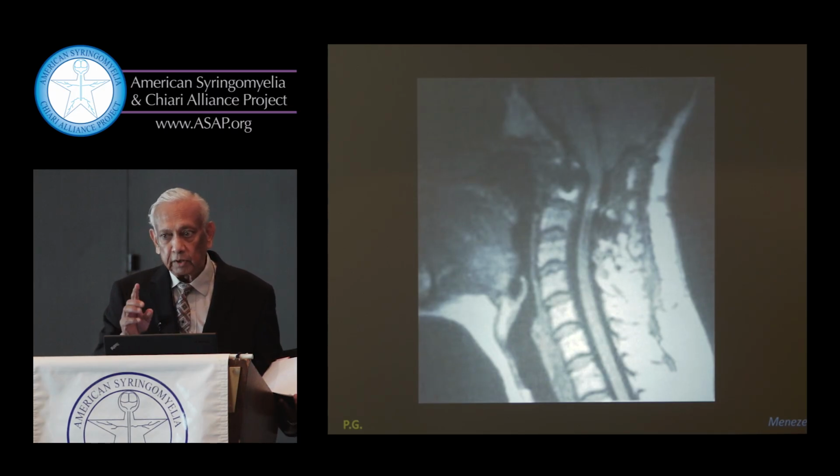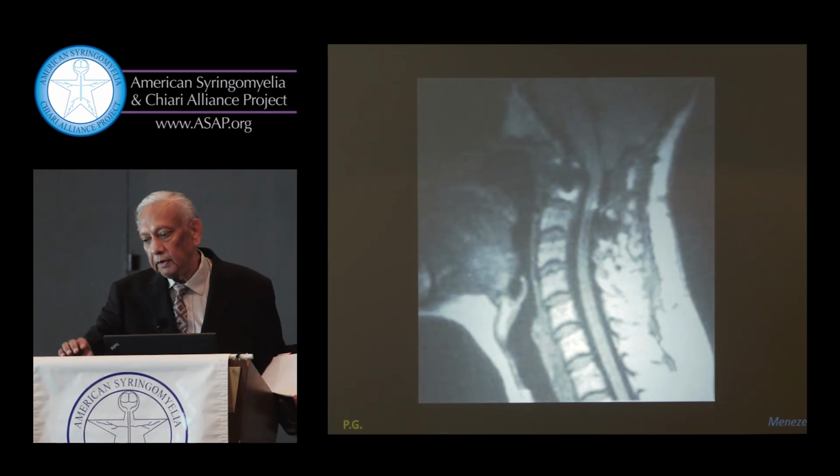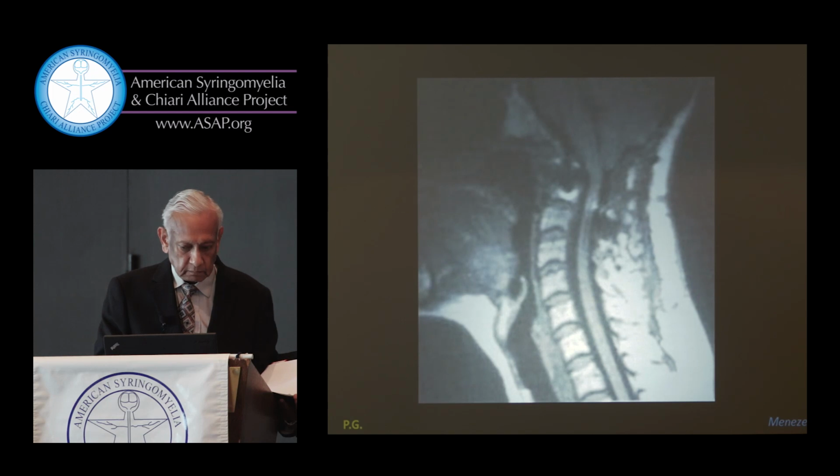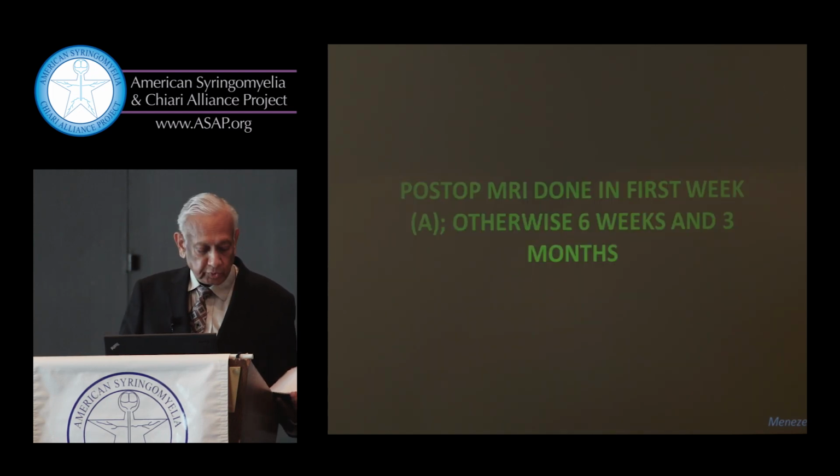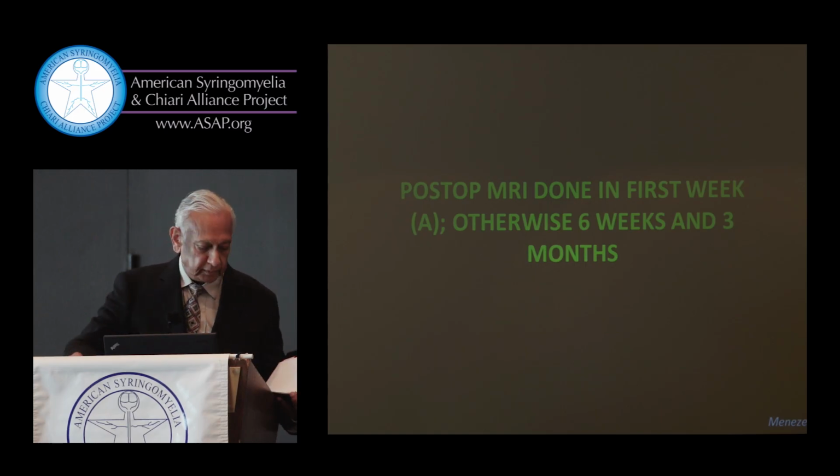So, therefore, it means that a front operation alone can take care of the syrinx. If anybody challenges it and says, well, you did a back operation too, no, we had waited. So the post-op MRIs are done in the first week, otherwise 6 weeks and then 3 months.